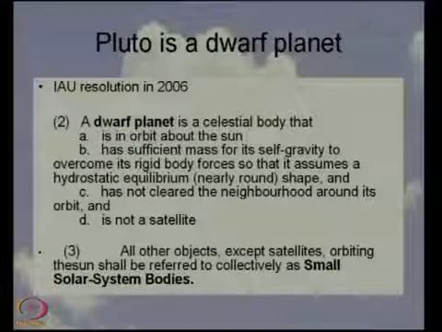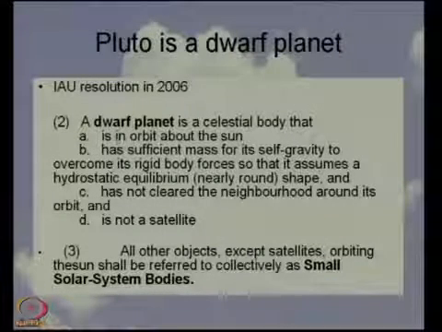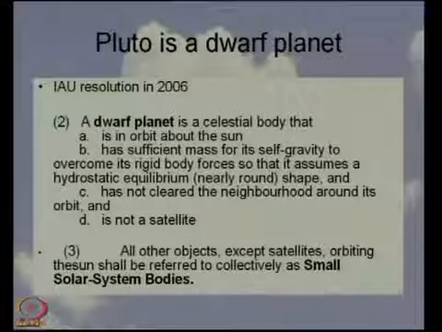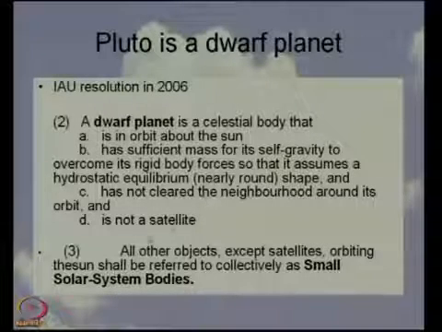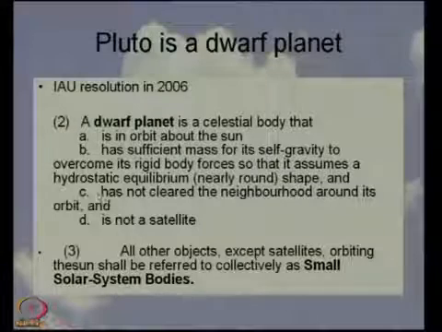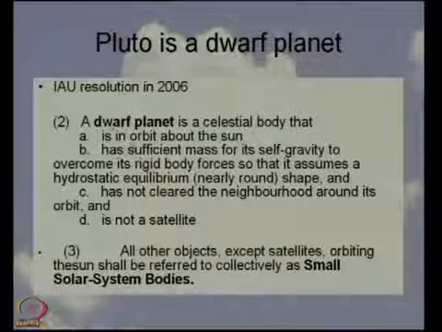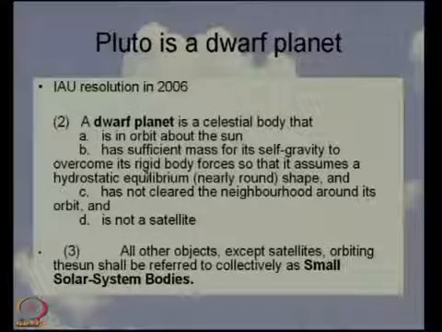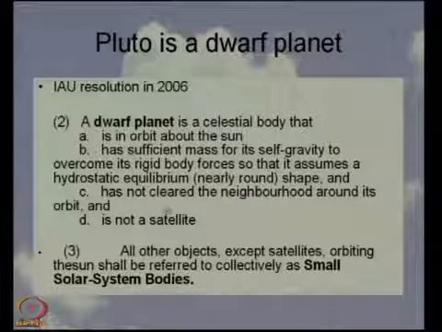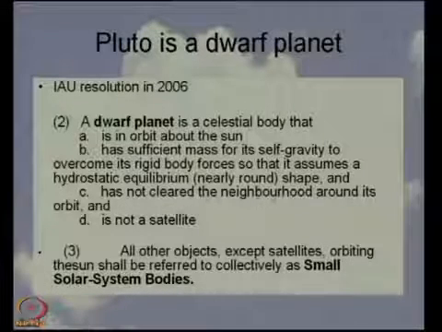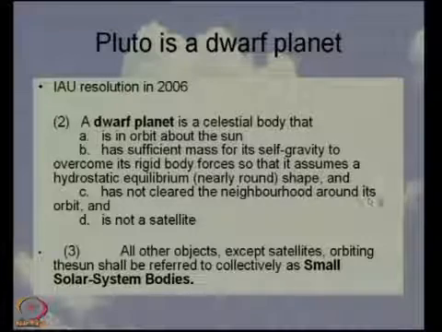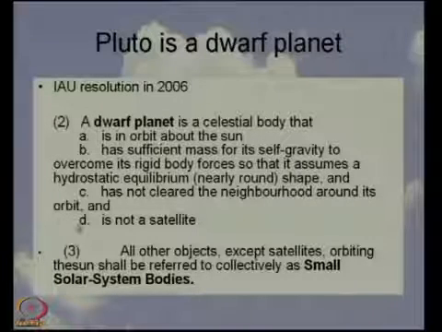So, it defined a new kind of object, a dwarf planet. The first two conditions are the same, but it has not cleared the neighborhood of its orbit, and it is not a satellite.